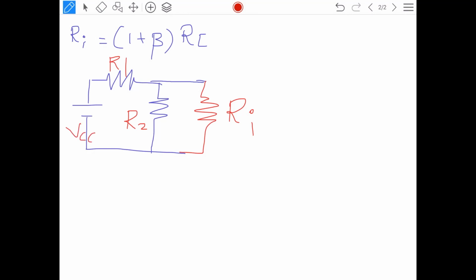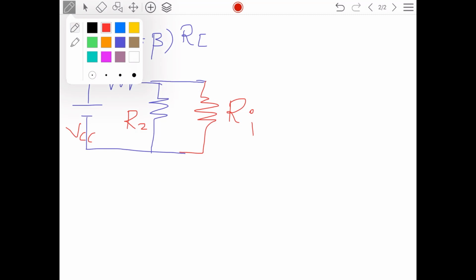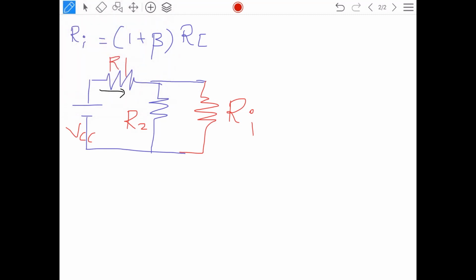Because of this applied voltage VCC, there are currents coming out. What are those currents? From VCC, I am drawing a current called I1. This current reaches the point here and bifurcates into two paths. One is IB.